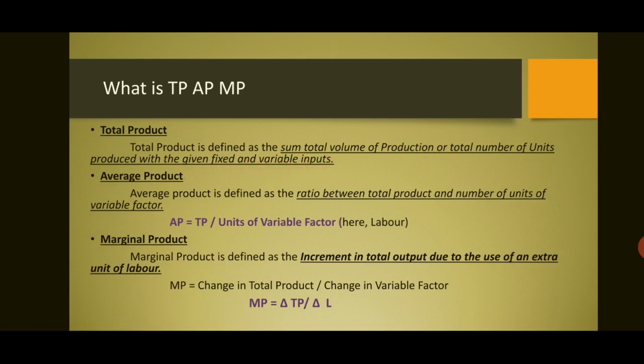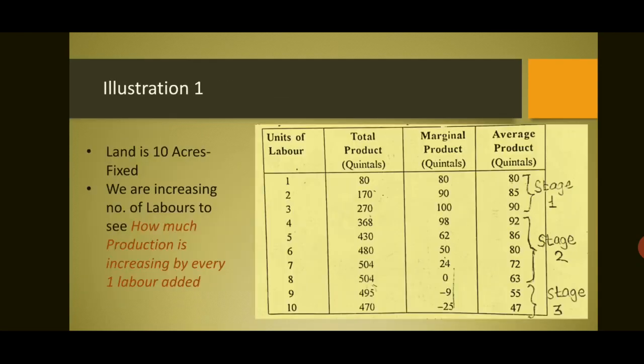Then what is average product? Average product is defined as ratio between total product and number of units of variable factor. Here in this example, a variable factor is labor. So our average production is total production divided by the units of variable factor. Let us see with example.